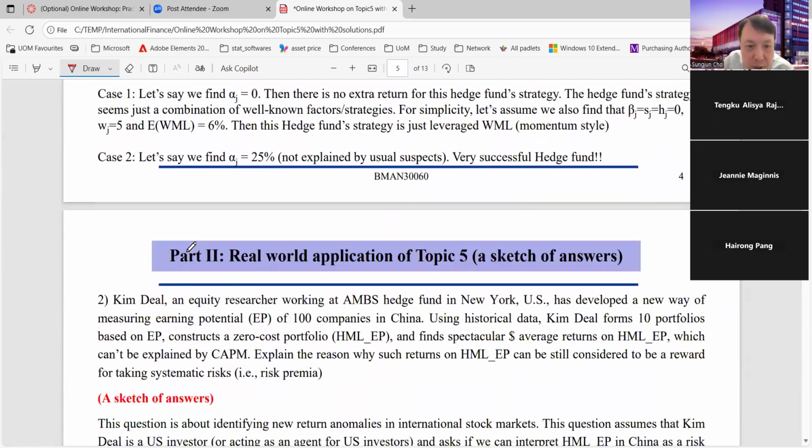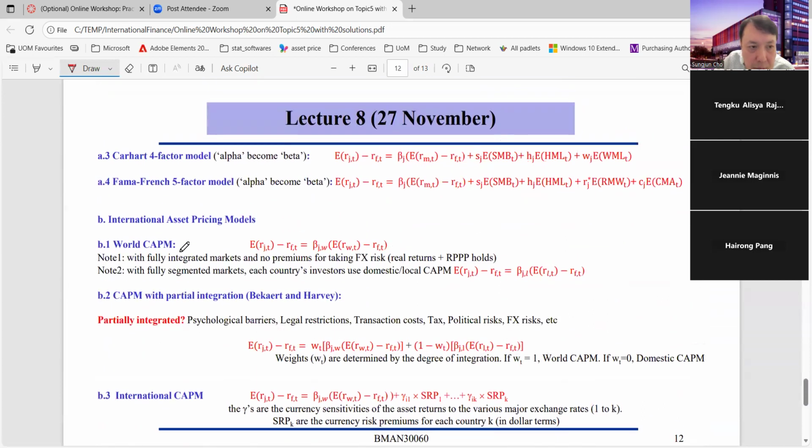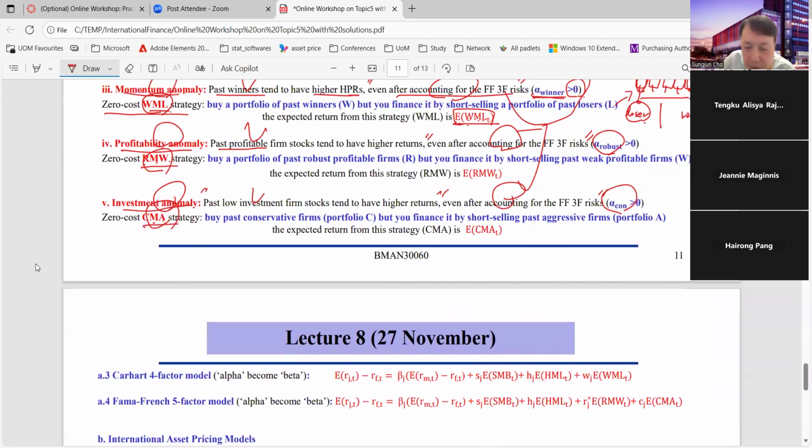So what is the Carhart model? Let's go there briefly. The Carhart model is basically another instance of alpha becoming beta. Here, momentum, the alpha of the Fama-French 3-factor model, becomes a new factor. So this part is the Fama-French 3-factor model.